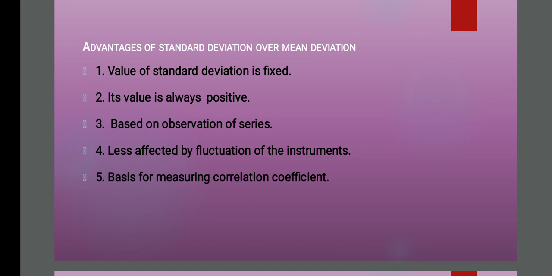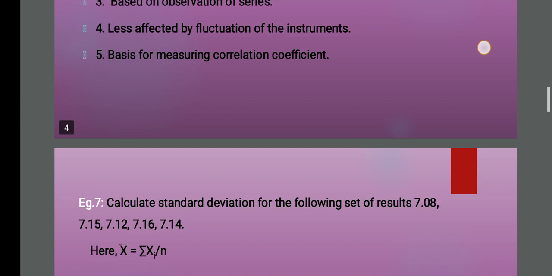Secondly, it is a positive one. Thirdly, it is based on all the observations of the series. Fourth, it will not be much affected by fluctuation of the instrument. And last, it is used for measuring correlation coefficient. Now we can see a problem based on standard deviation.